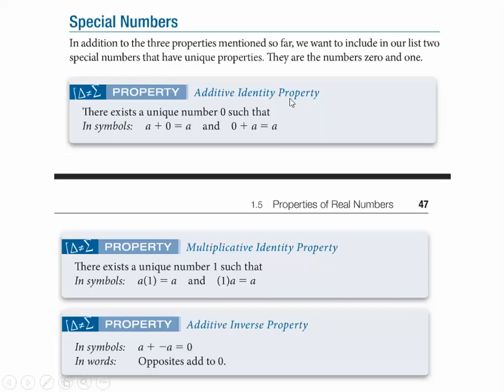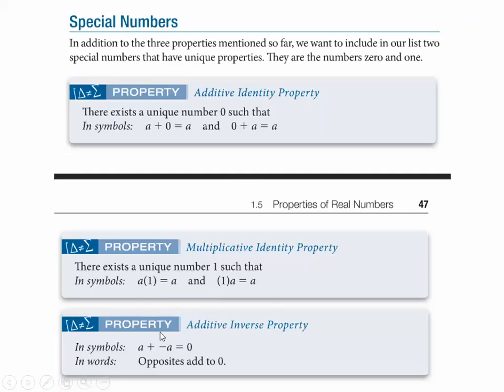So additive identity property, basically addition by 0, and addition by 0 does not change the number. How about the multiplicative identity? What do you multiply by so you get the same thing back again? Obviously it's 1, because a times 1 still gives you a, or 1 times a still gives you a. Multiplying by 1 does not change the number at all.